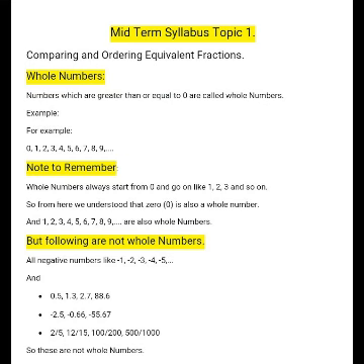Whole numbers always start from 0 and go on like 1, 2, 3 and so on. So we understood that 0 is also a whole number, and 1, 2, 3, 4, 5, 6, 7, 8, 9, 10, 11, 12 dot dot dot, meaning so on, are also whole numbers.